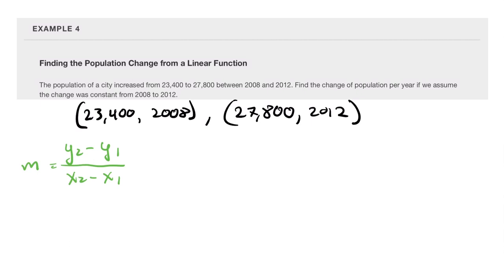Those are the ordered pairs that were given. It wasn't written explicitly like that, but that's the implication, so we just wrote it out. Then I like to label them x1, y1, x2, y2, and then proceed.